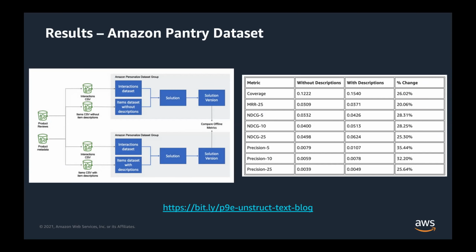Looking at the percent change in the far right of the offline metrics, when we train solutions with and without text, we see anywhere from 20 to more than 35% improvement in the various offline metrics when we introduce text in the description to the model.